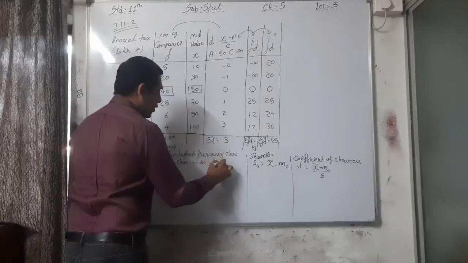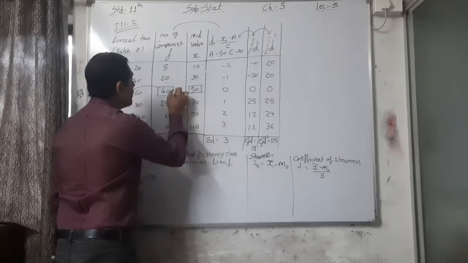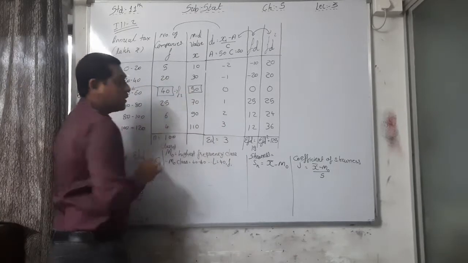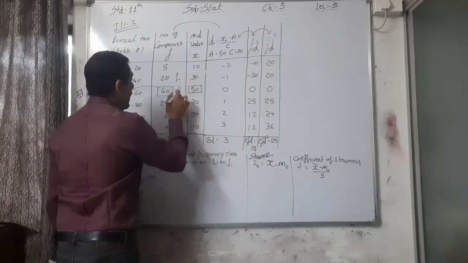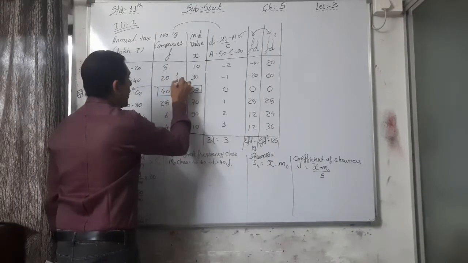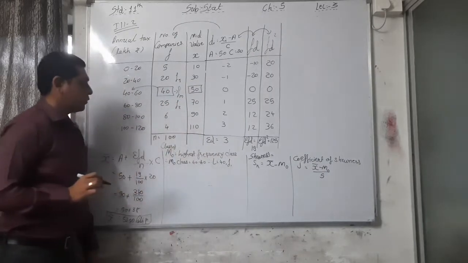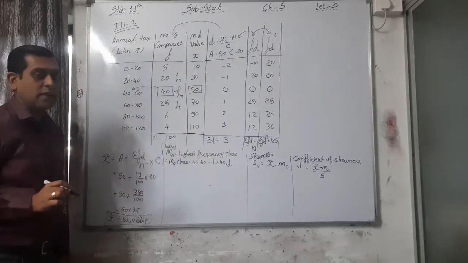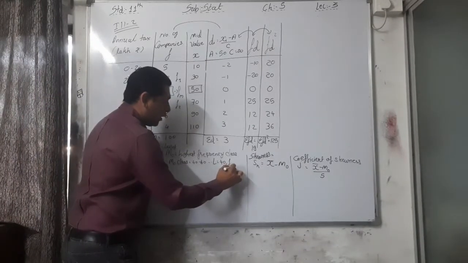Therefore, L is equal to 40. This one is the highest frequency, FM. This one is the F1 and this one is the F2. Highest frequency, that is 40. FM is equal to 40.